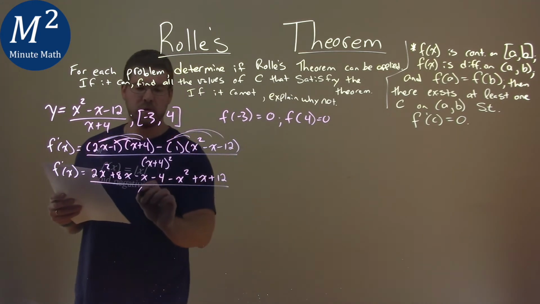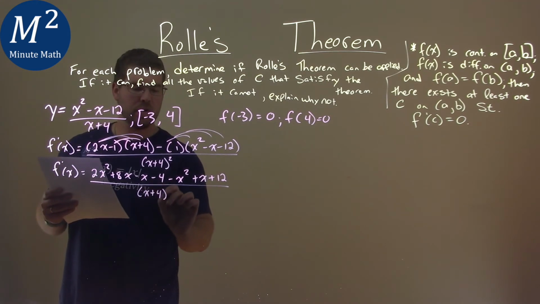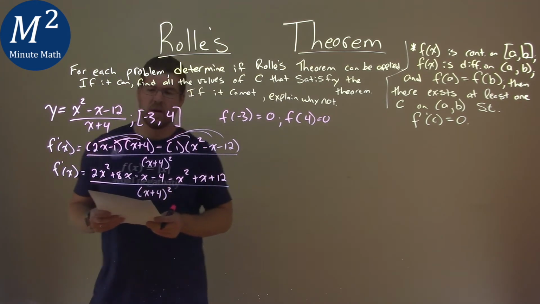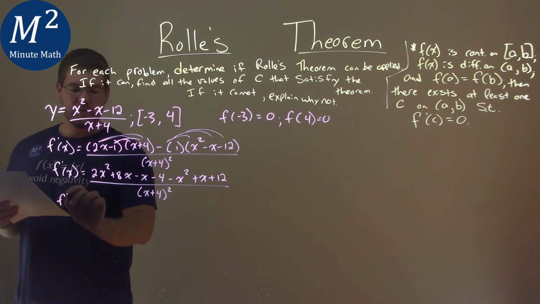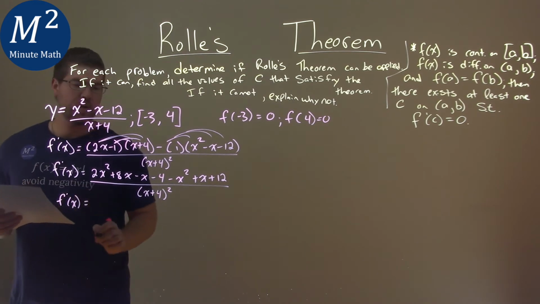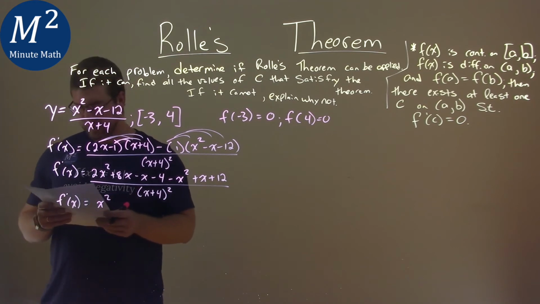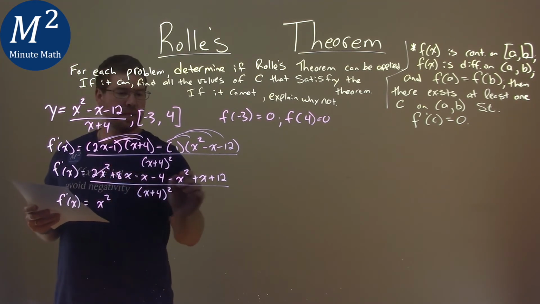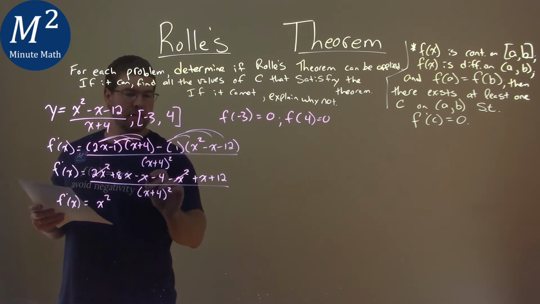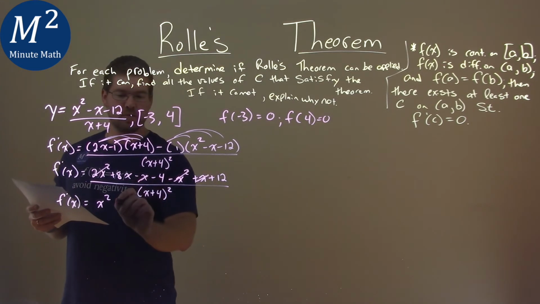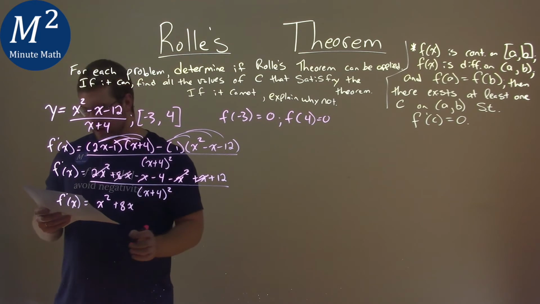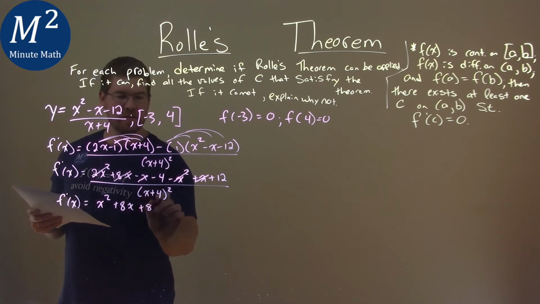All over x plus 4 all squared. From there, we can simplify our numerator. 2x squared minus 1x squared is a single x squared. The negative x and positive x cancel, so we just bring down this 8x right here. And then minus 4 and 12 is a positive 8 as well.